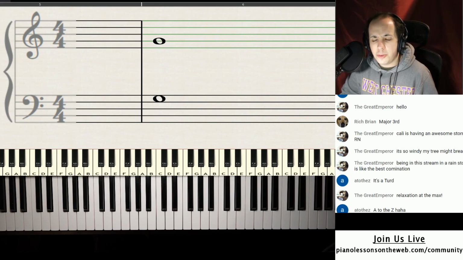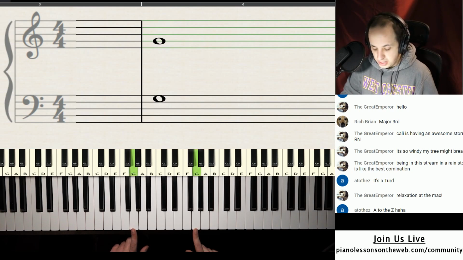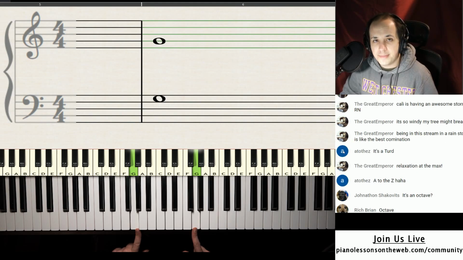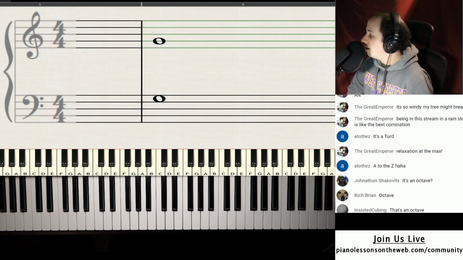So how far apart are these really? Well, if you read the notes real quick, leave in the comments what you think this one is. But they're both G's, right? So even though they look really far apart, they're an octave apart, which I guess is kind of far. But that's how you do it. So if there's a G here, and there's no G's in between, then you got a straight up octave in this one.